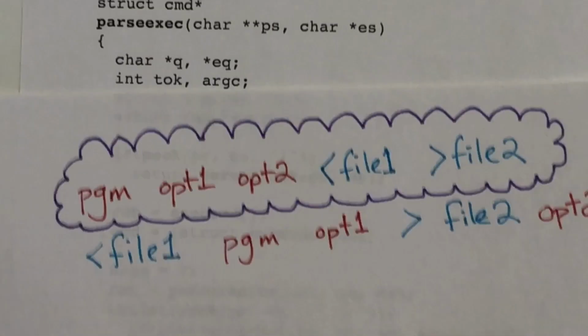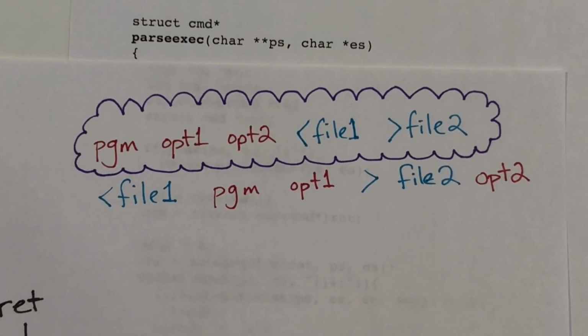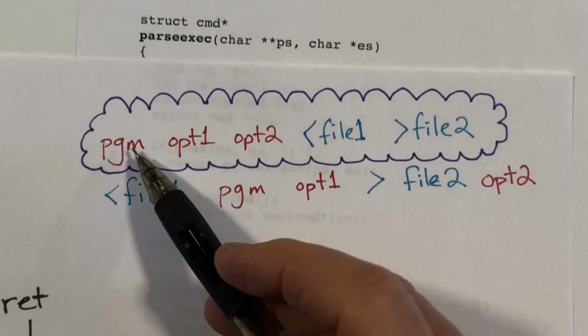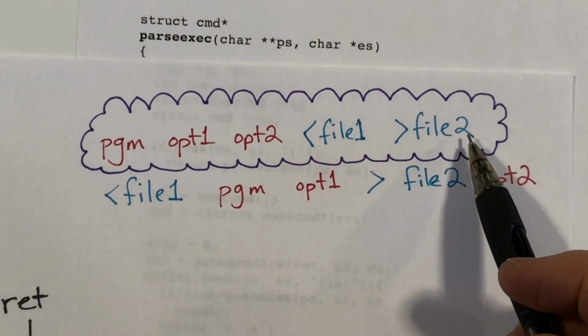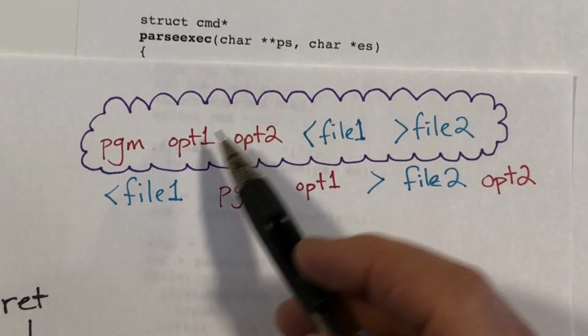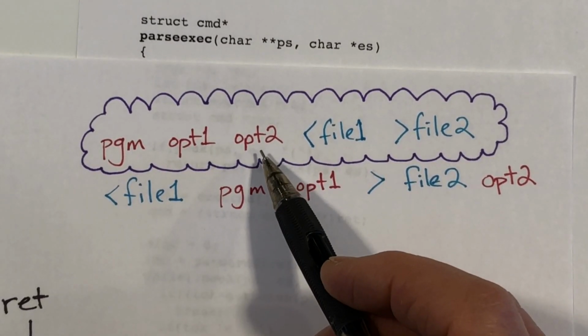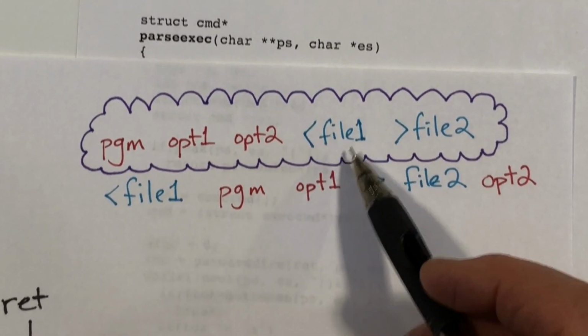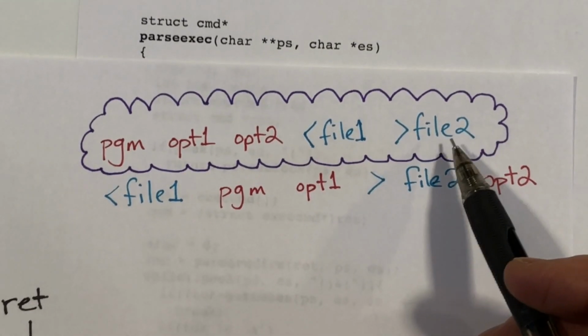So let's take a quick look at what we might encounter. Typically when you type a program in, you type it in as I'm showing first here. You write the program name, and if you have options, you supply those. And then finally you would have a redirection, and typically they would come after the options.